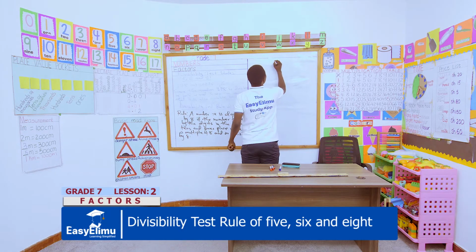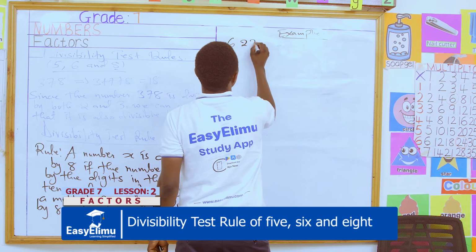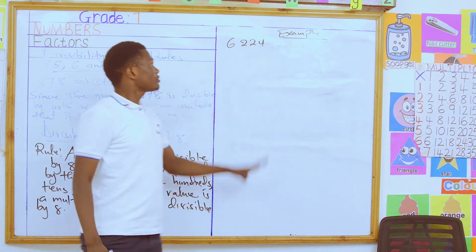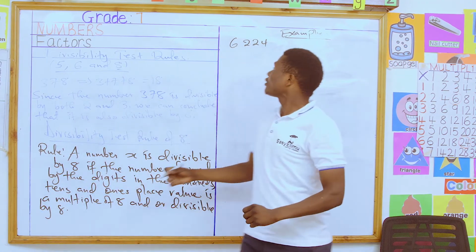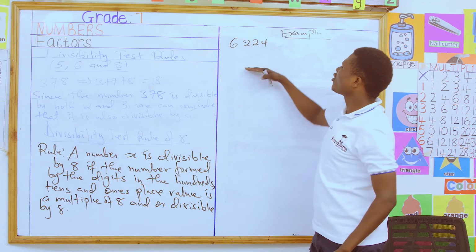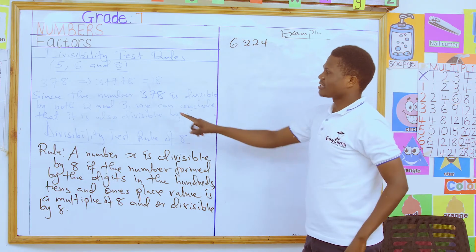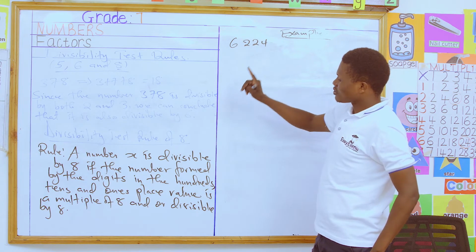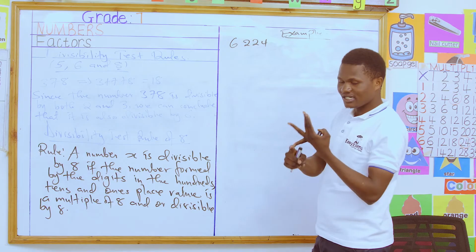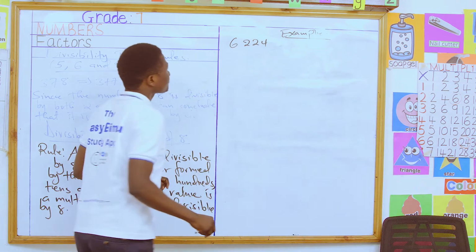For example, if you have a number like 6,224 and you want to check if this number is divisible by 8. If you go about it using the layman's method, you'll go through the usual long division method, which is not allowed as far as the divisibility test rules are concerned. So in this case, we are going to consider the number that is formed by the digits in the hundreds, tens, and ones place value.